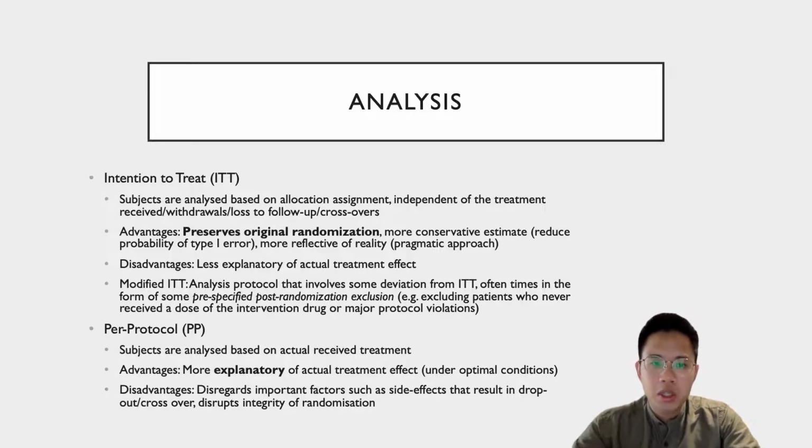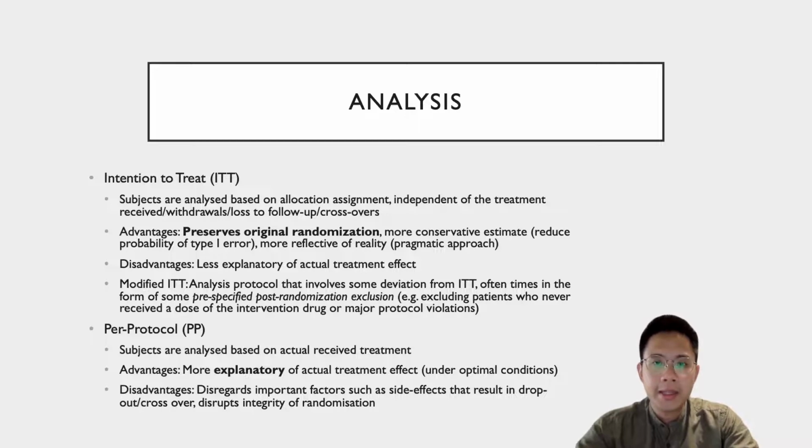The ITT approach, importantly, preserves the original randomization. And if you think about the per protocol analysis, once you have patients crossing over, this ultimately disrupts the randomization. If we think about why we randomize in the first place, it's because we want to control for both known and unknown confounders.